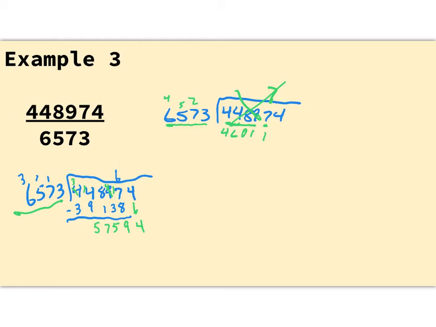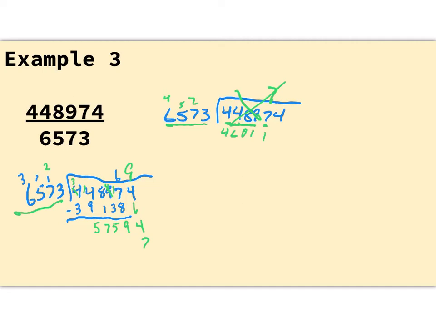So let's see what we come up with. So we're going to try, let's try 9 in here and see if that works. 9 times 3 is 27. 9 times 7 is 63.